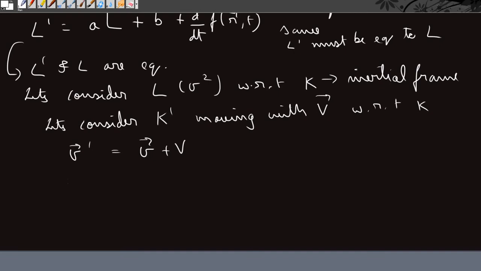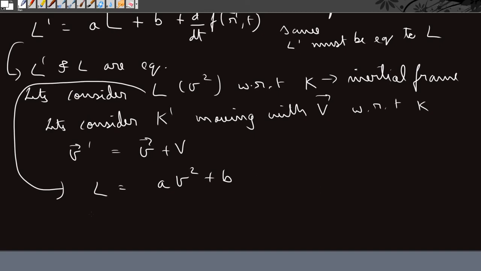So this means L can be written as A V square plus B. We can also consider d by dt of f of r, t, but it is not going to make any difference and it will just make the math complicated. You can try to work that on your own.